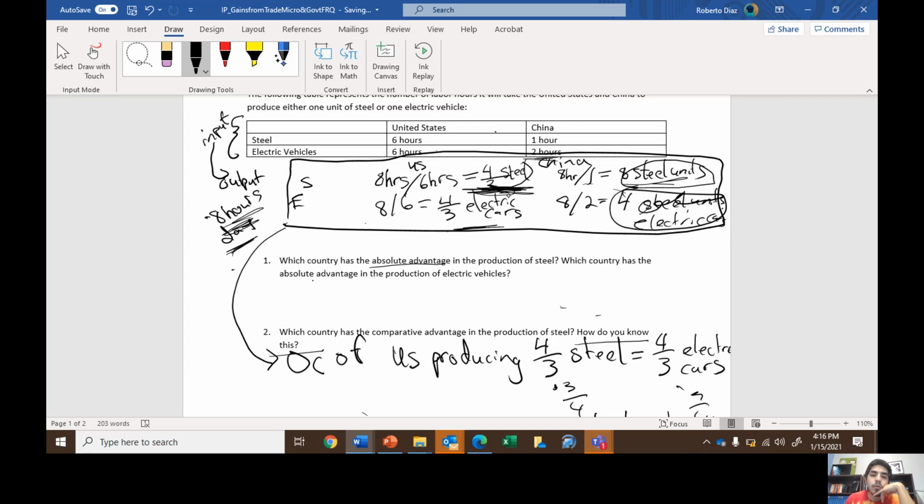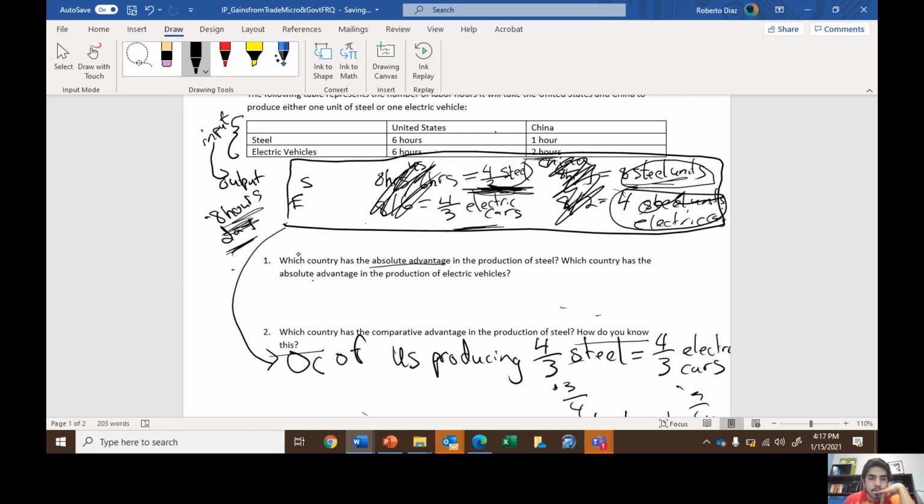And one thing that you can do if you're just given this output data, so let's ignore this for a second, is you don't have to write out this little opportunity cost of the US producing 4/3 of steel and then think through that sort of logic. You can do a kind of shortcut, but I just wanted you to understand the logic.